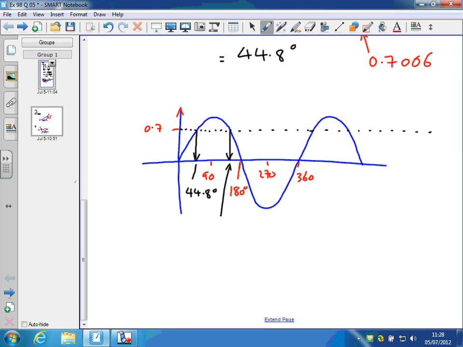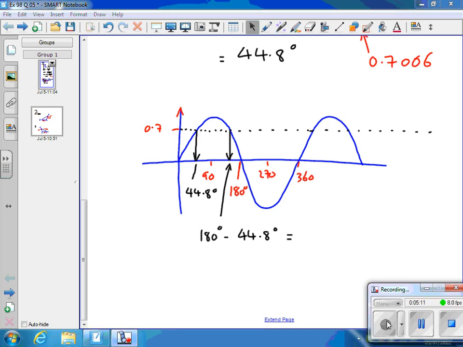So what is this other angle? It's going to be 180 degrees minus 44.8 degrees, which is 135.2 degrees.